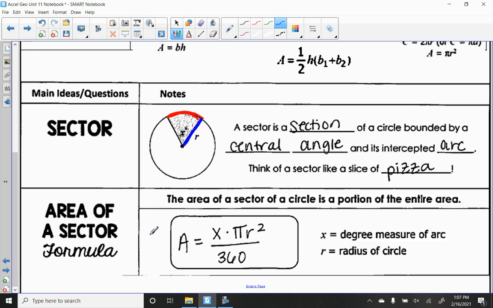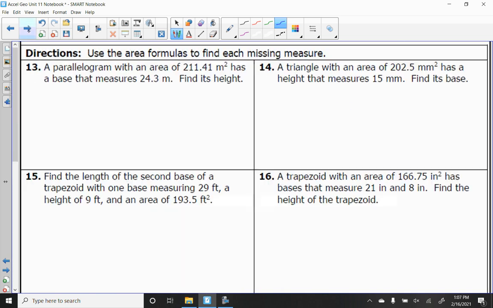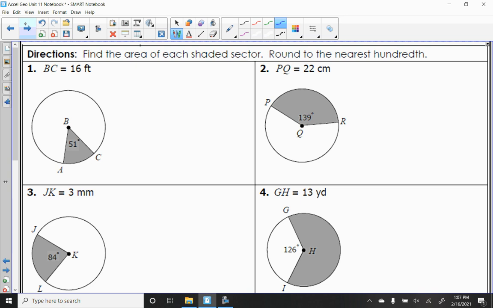Okay, so here is our formula where x is that red arc length or arc measure, not length but measure, and radius is that r that they give us. Okay, so let's take this formula and I'm going to put it into our little box here.